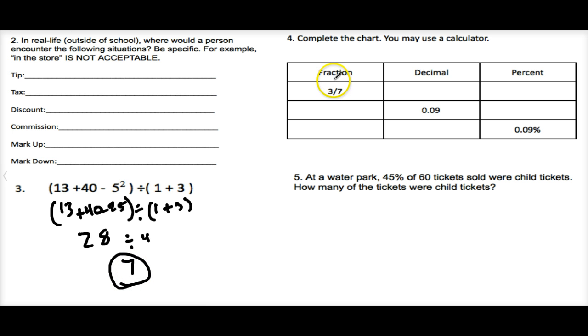Over here, to go from fraction to decimal, we do 3 divided by 7. And that's going to be something like this, but it's going to be a lot longer. To go from a decimal to a percent, we move our decimal 2 places to the right. And to go from percent to decimal, we move 2 places to the left.